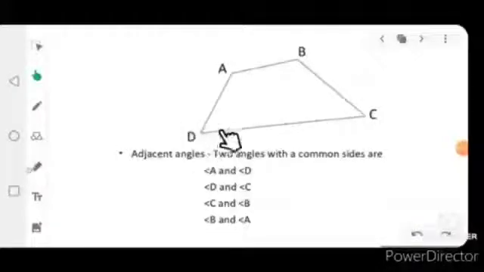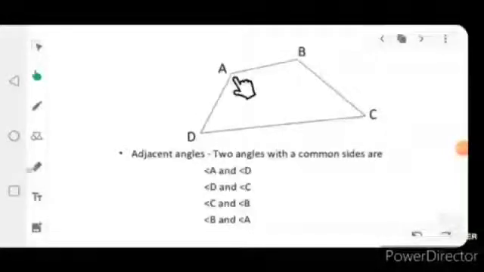If we consider angle D, then AD and DC are the two arms of angle D. So here we conclude that this arm is common in both angle A and angle D. So angle A and angle D are adjacent angles.